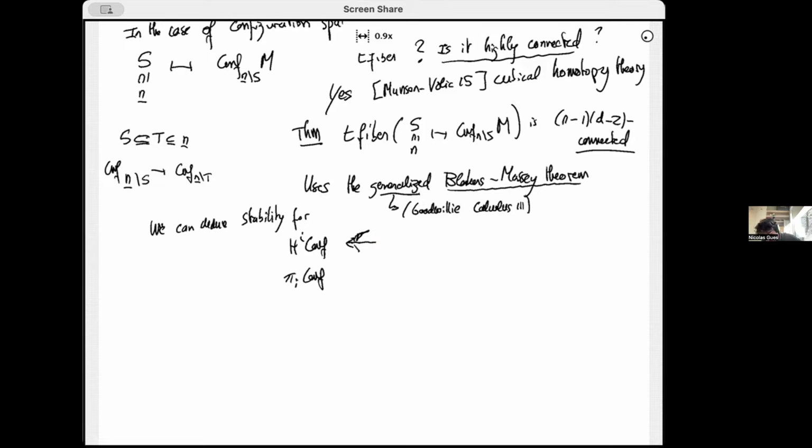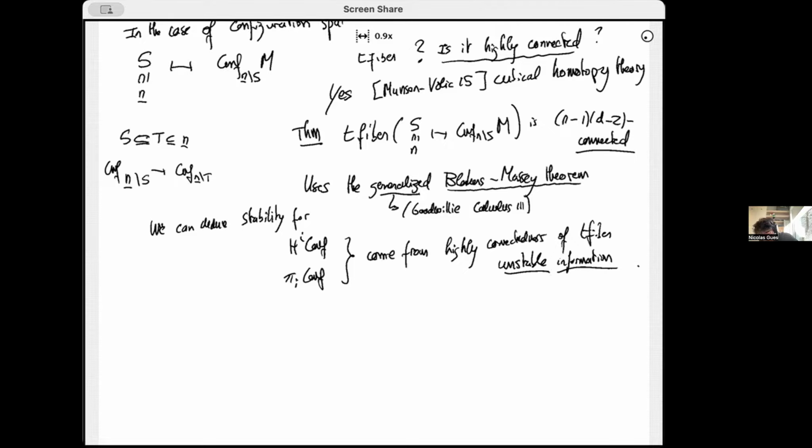So these two come from high connectedness of this total fiber, which is an unstable information.